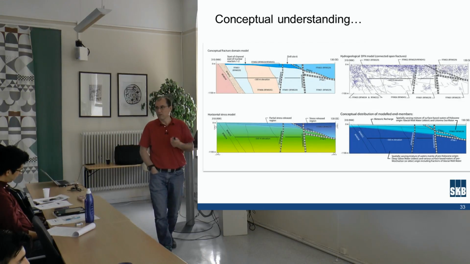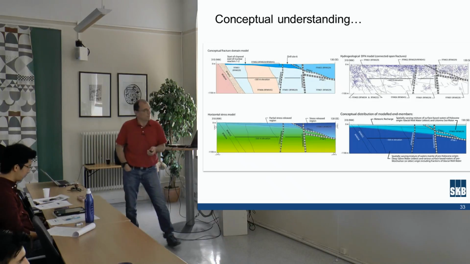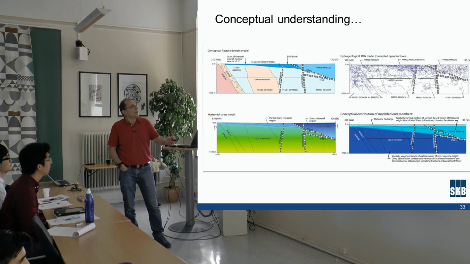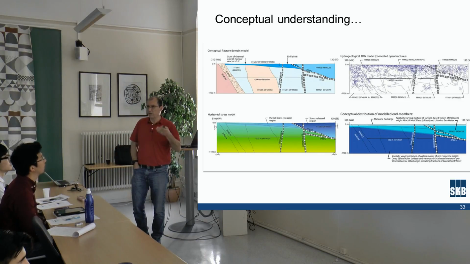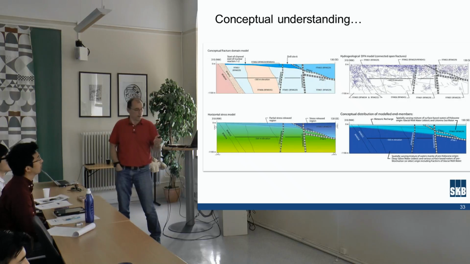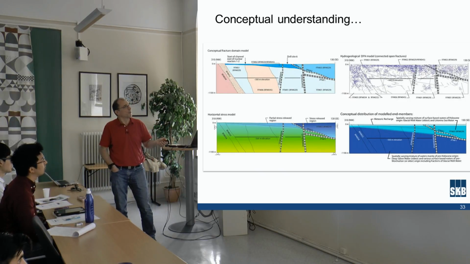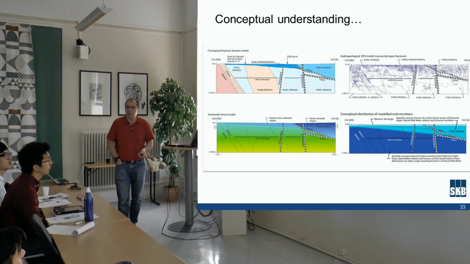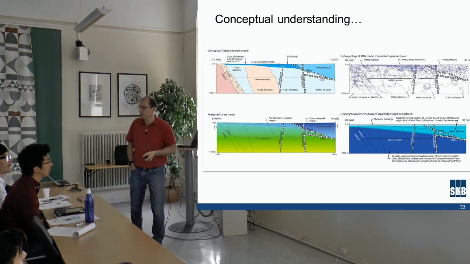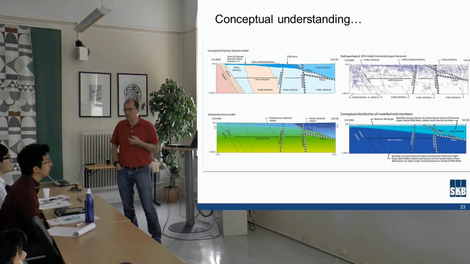So the theory is, okay. This is a DFN model for hydrogeology, discrete fracture network model. You see the same pattern. Water up here, not very much water down there. This is the conceptual distribution of model end members of water, so different water types.